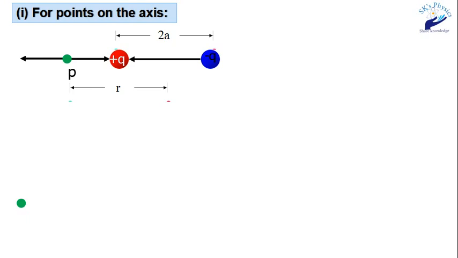Now for the first case, for points on the axis, here the distance between positive and negative is 2a, and the direction is minus to plus, the direction of positive electric field and negative electric field.